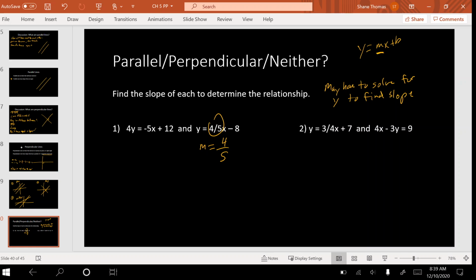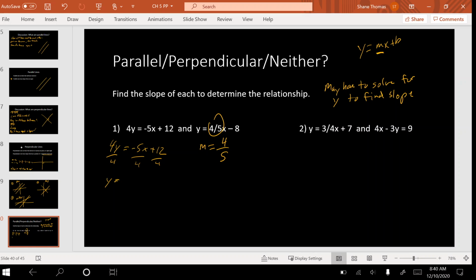So the first one, let's find the slope of it. I need to solve for y. I have 4y equals negative 5x plus 12. I just need to get rid of that 4, so I want to divide by 4. If I do that to one term, I have to do it to every term.